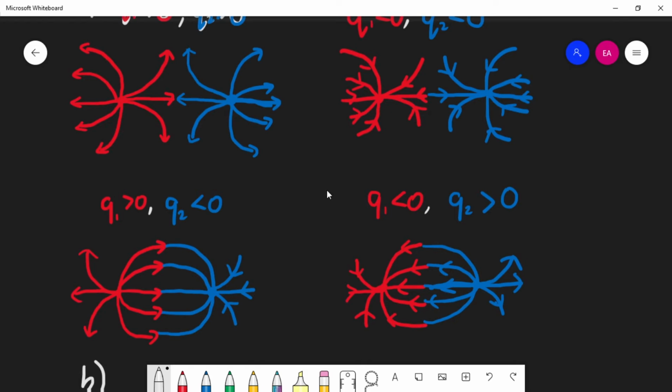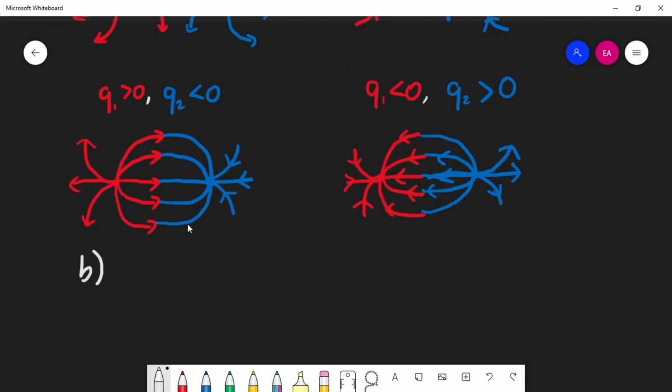Where do you think E goes? Well, one of the choices is that Q1 is less than 0. Both are negative, basically. One choice is that Q1 is less than 0 and Q2 is less than 0 as well.